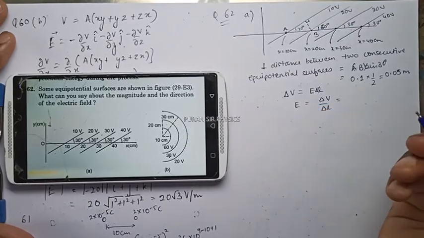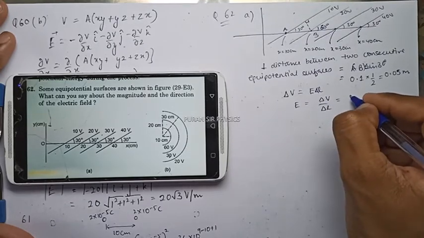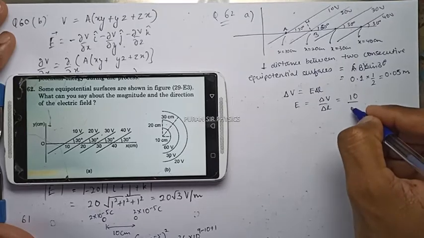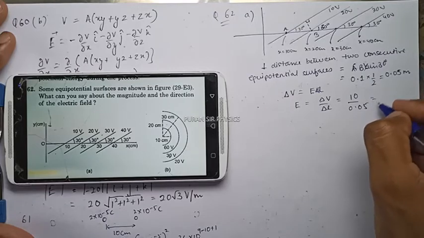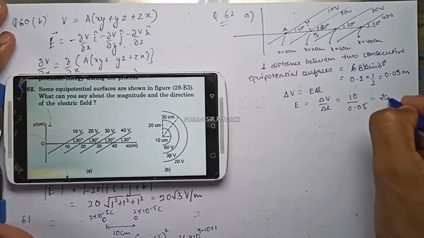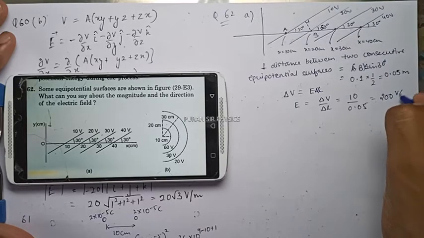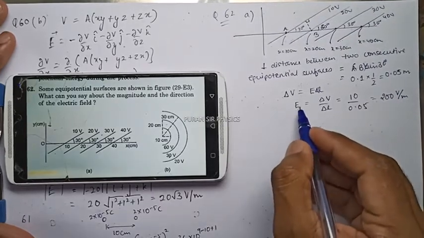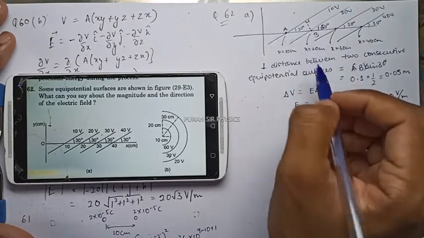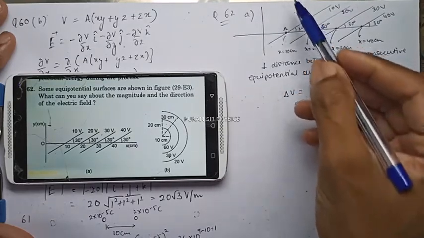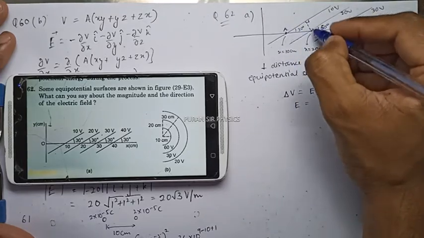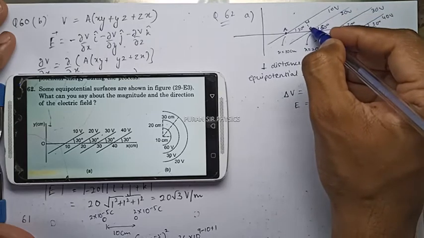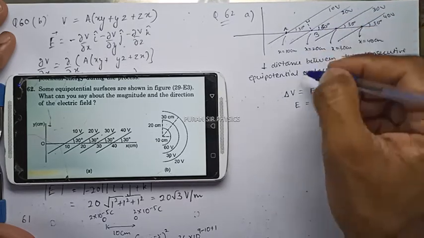So we have to find the magnitude. So it will be 10 divided by 0.05, or from here it will be 5000 upon 5, which will be 200 volt per meter. So this is the magnitude of electric field in this case, and it will be in this direction, making an angle of 120 degree with the positive direction of x-axis.